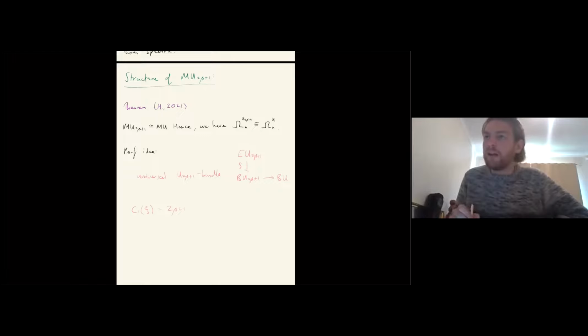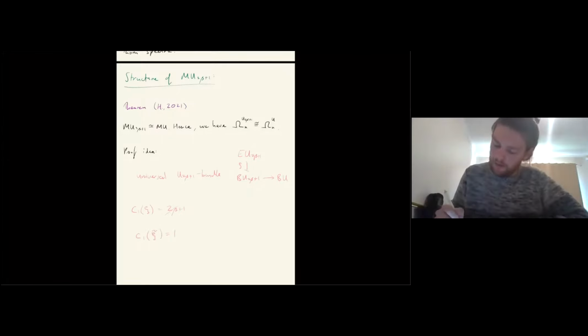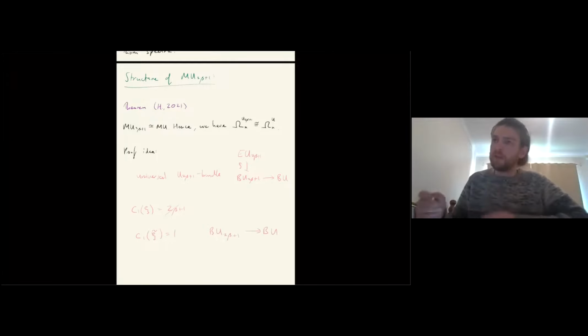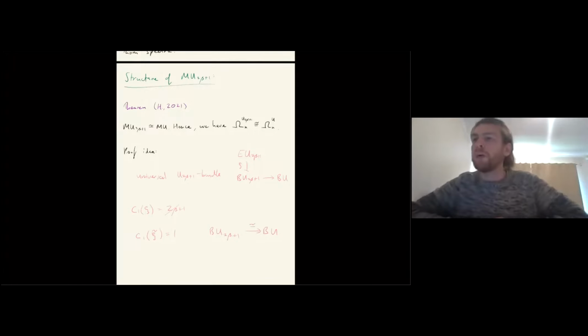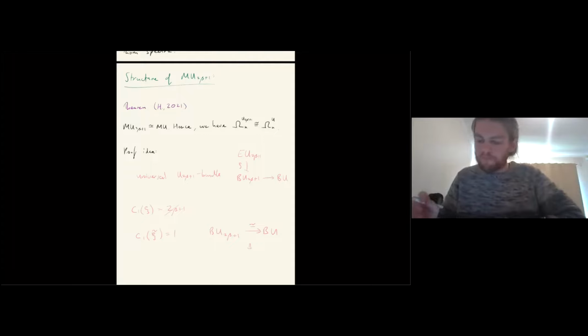So we can play this game of changing the first Chern class by an even amount to get rid of this 2β, and we get a new stable complex bundle whose first Chern class is exactly 1. Then this is classified by a map to BU again because it's still a stable complex bundle, and we show that this is a homotopy equivalence. Then we transfer this to the world of Thom spectra. The details aren't too important. I just wanted to give a bit of a flavor of how you would tackle this kind of problem.